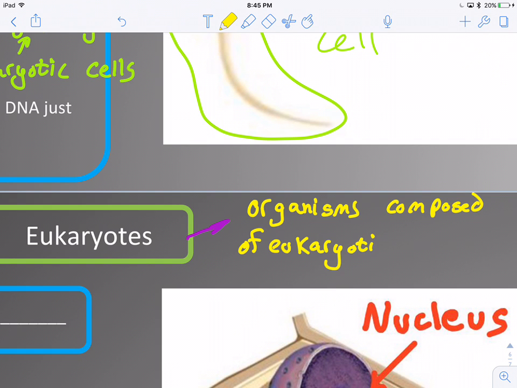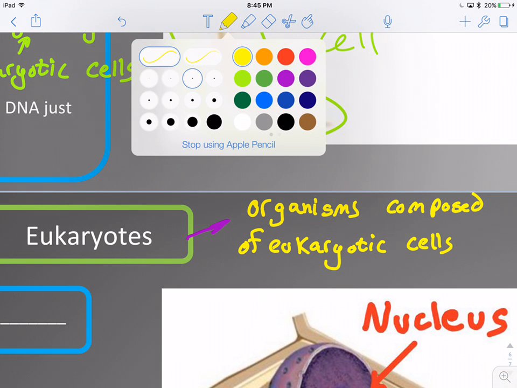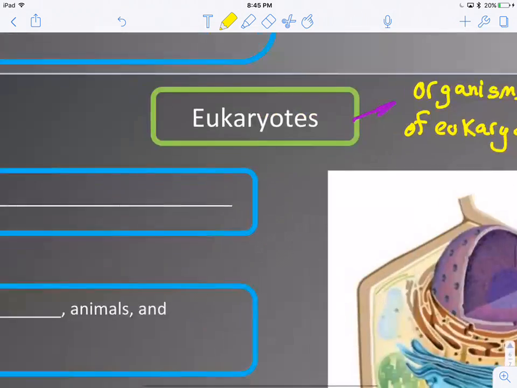We are eukaryotes. As human beings, that's what we are. We are composed of eukaryotic cells.